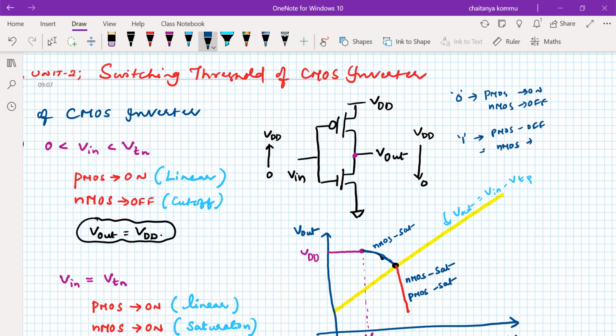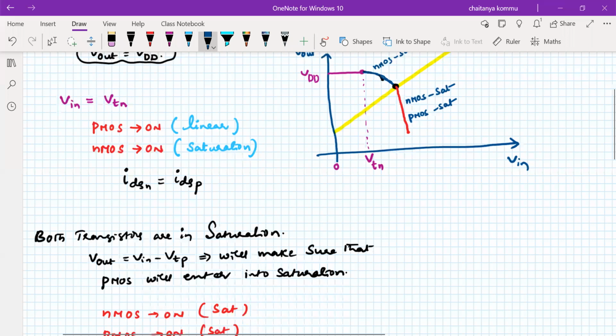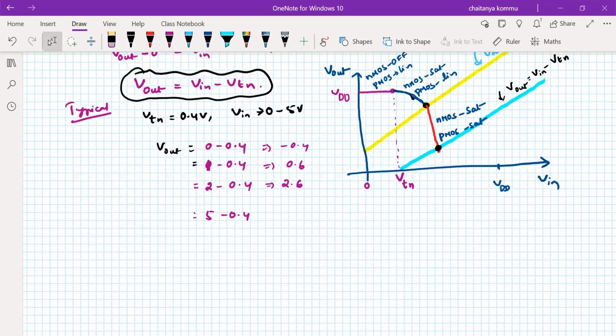We know that at the maximum input voltage, the PMOS is completely off. Whatever region it had previously, when it reaches the maximum input voltage, the PMOS transistor will be off. So when it is approaching VDD, the PMOS transistor should be off.